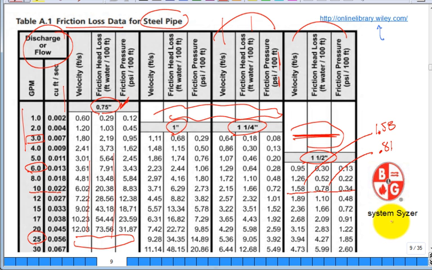Notice that we ran this Bell & Gossett system sizer code last time, and for comparison, these numbers right here for 10 GPM in a 1.5 inch steel water pipe, the velocity from the software is exactly 1.58, good to 3 significant digits.